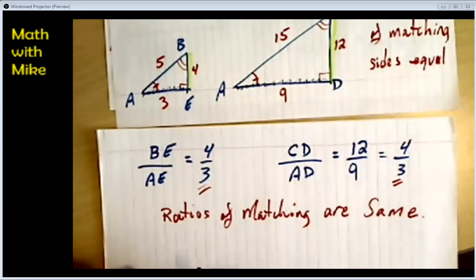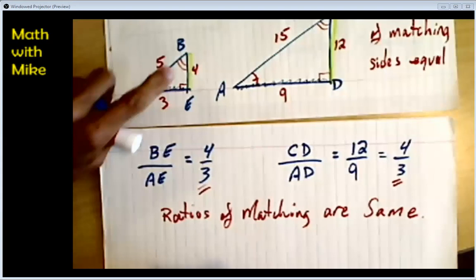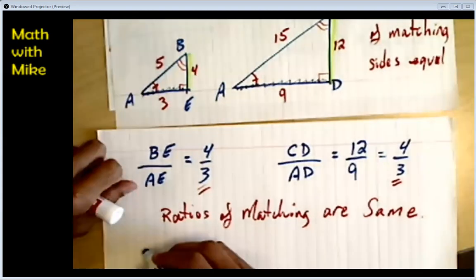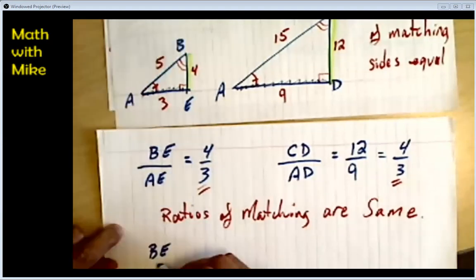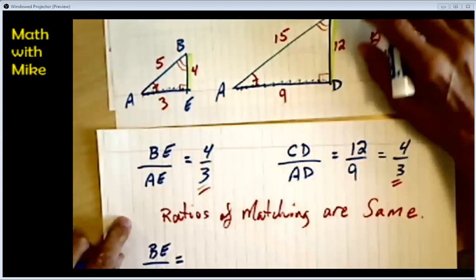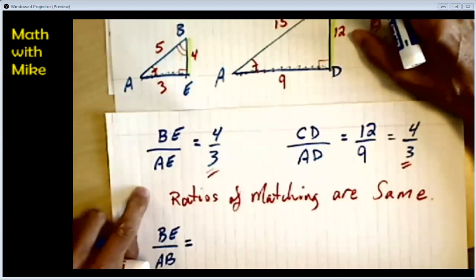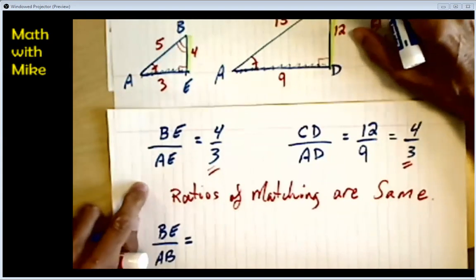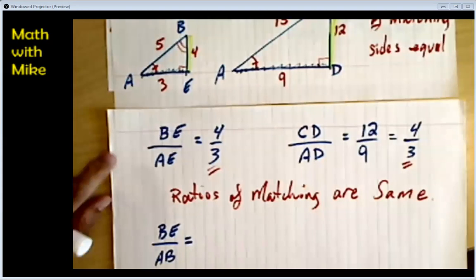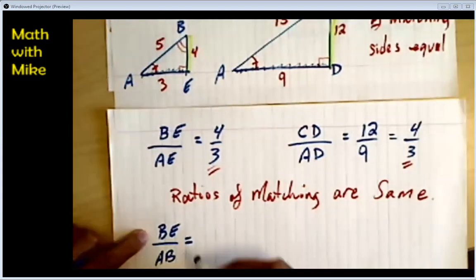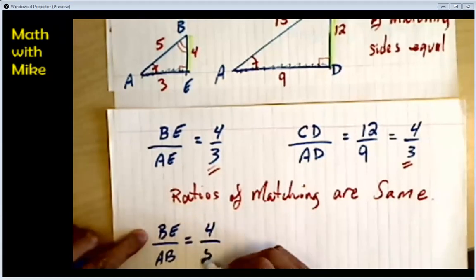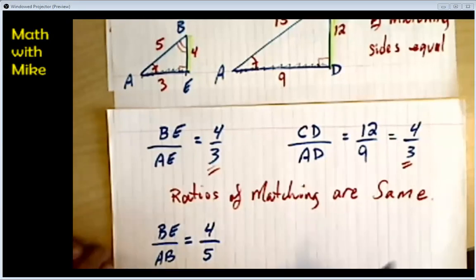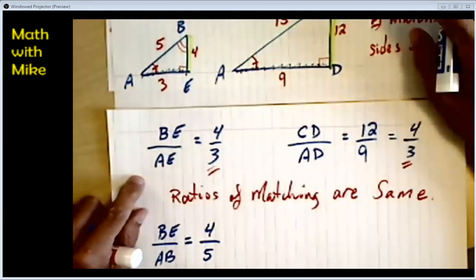For the small triangle, we got side BE, and then we're going to divide that by the long side, which is AB. Okay, so how long is side BE? 4 indeed, right from the picture. How about side AB? 5. Okay, good. So we'll save that and see what we get for the big triangle now.